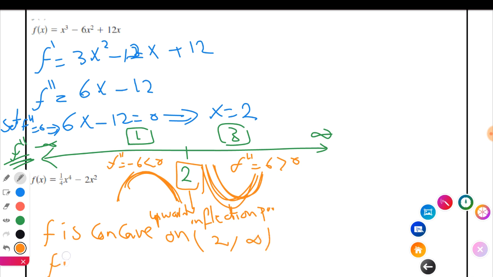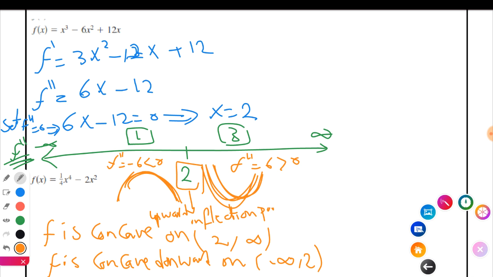F is concave downward on which interval? Negative infinity and 2.